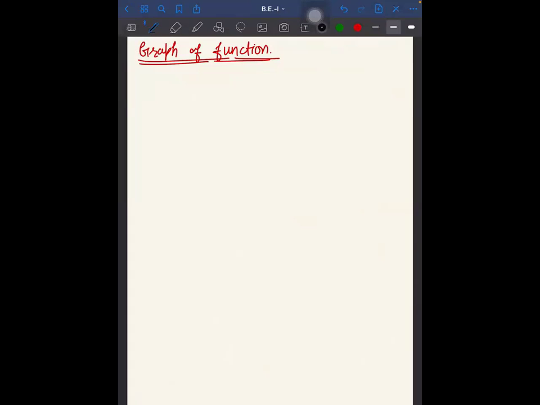Not really. Sir, it lies in the domain of the function and the range. Not really. The behavior of a function. That is pretty much vague. What does graph actually mean?